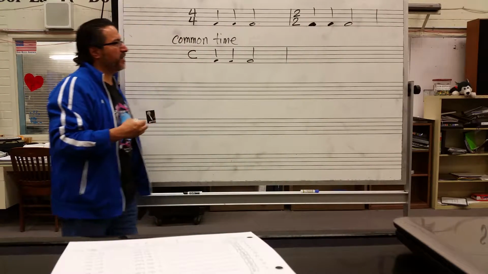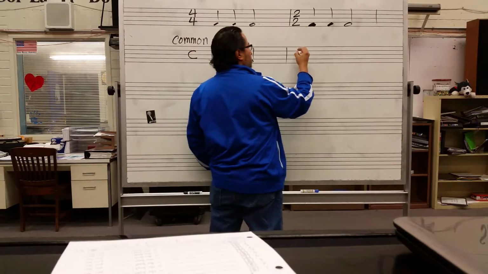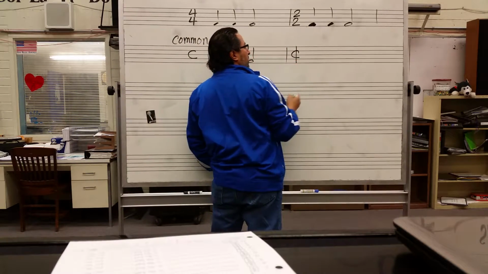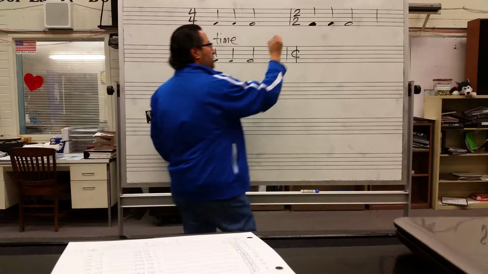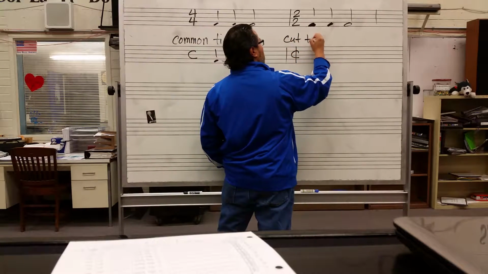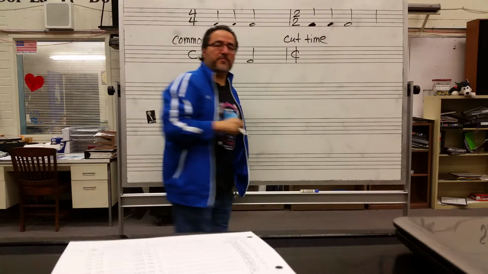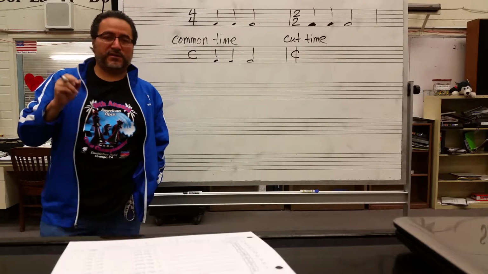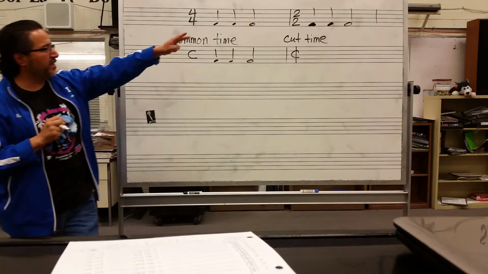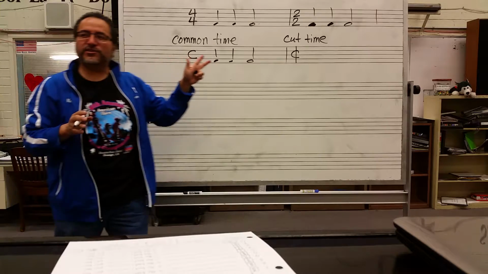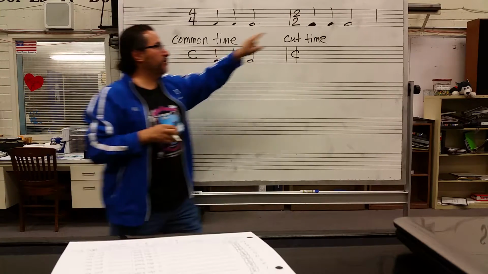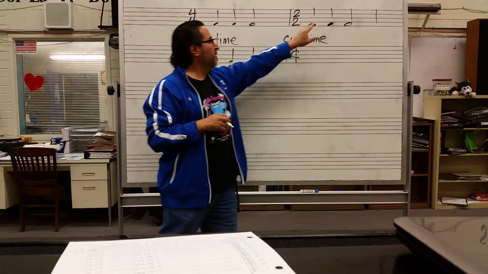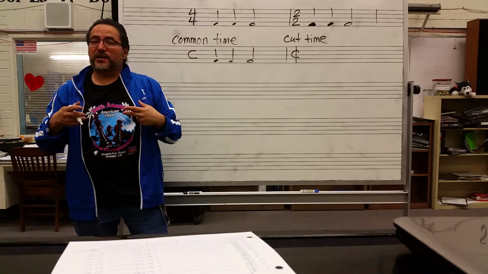We speed up all the note values, so we call this a C with a slash through it, which means cut time. Often used in jazz, you're going to feel that the music moves twice as fast. You can look at it as 4/4, you can look at it as 2/2. You can learn your 4/4 if you want to, and then speed it up and it'll become 2/2.